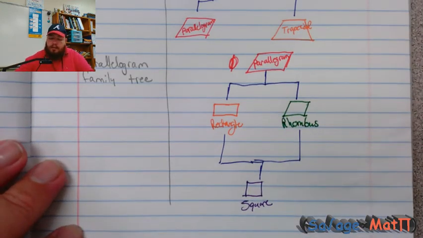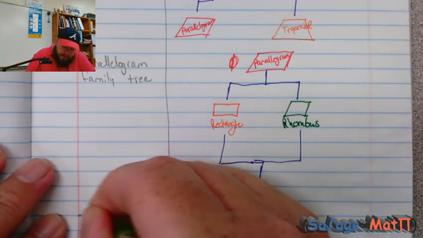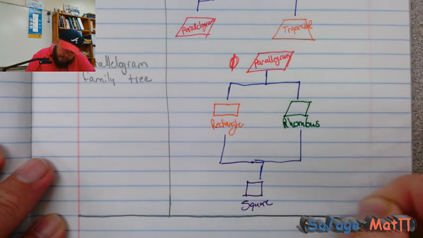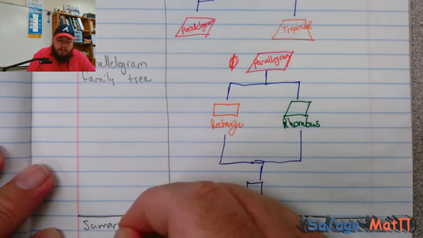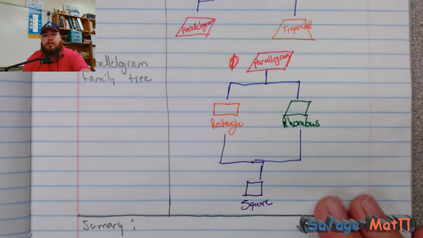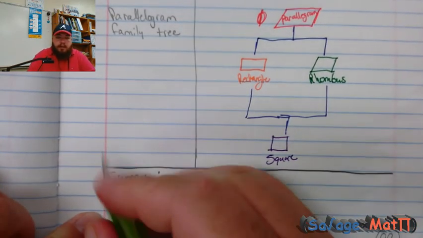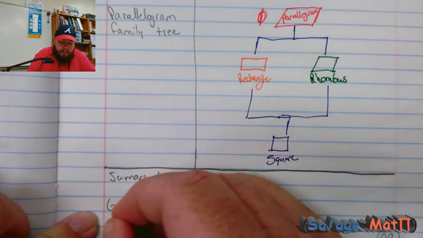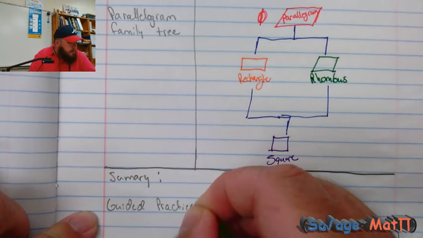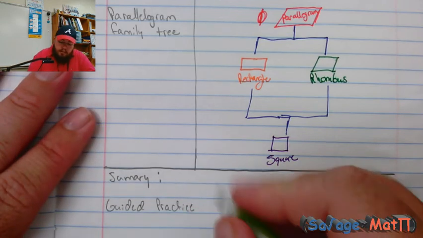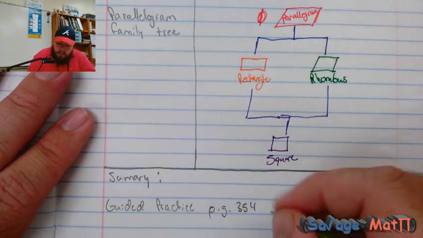Alright guys, what I need you to do is guided practice. Well, first I need you to write your summary of your notes. And then I need you to do guided practice, page 354, 1 through 5.